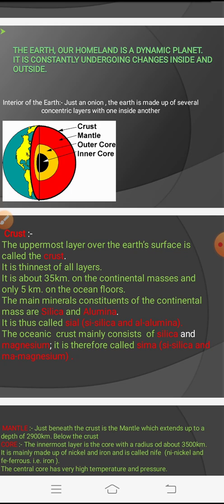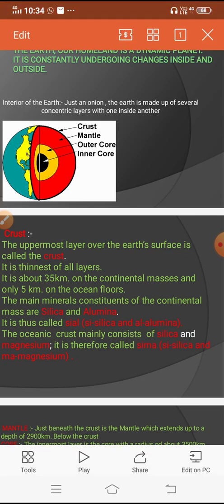It is thus called Sial, S-I-A-L. S-I means silica and A-L means alumina. The mixture of these two minerals is called Sial. The oceanic crust mainly consists of silica and magnesium. It is therefore called Sima.